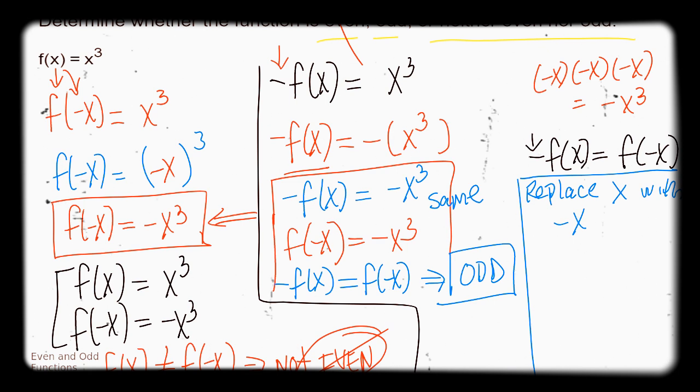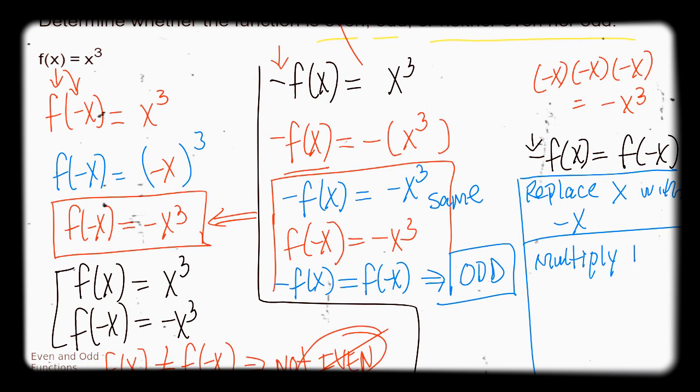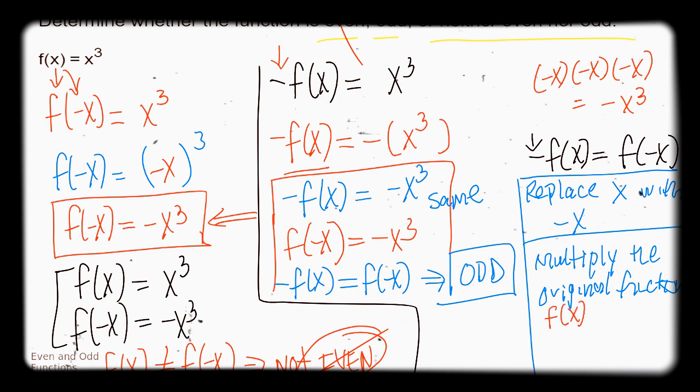And if it's not even, multiply the original function, your original f of x, by negative 1.